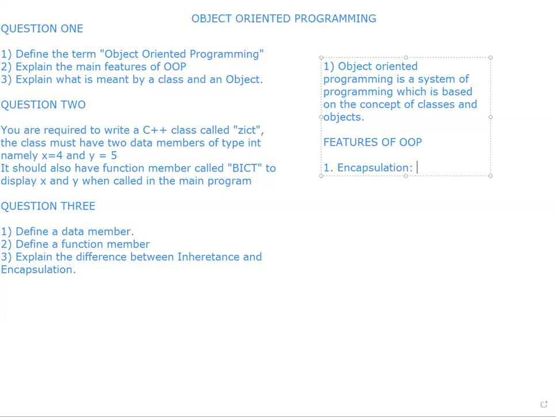Encapsulation is a term which simply means to enclose into one single unit. If I get a small box, and then I get pencils, I enclose them in that small box. That is a form of encapsulation.